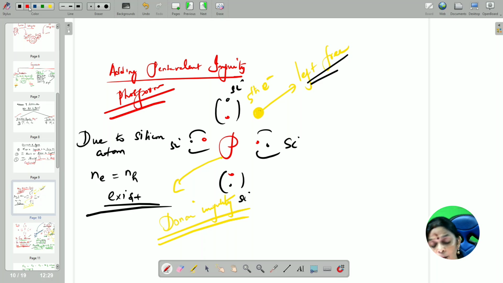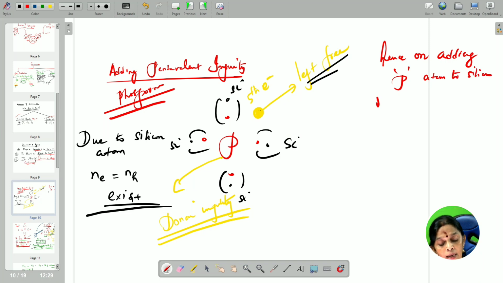So on adding phosphorus atoms to silicon, an excess number of electrons are produced. So Ne greater than Nh is produced. Therefore this pentavalent impurity you are adding is rich in electrons.